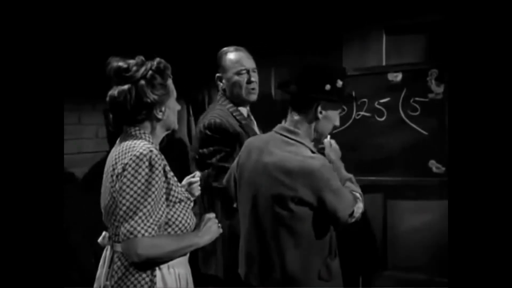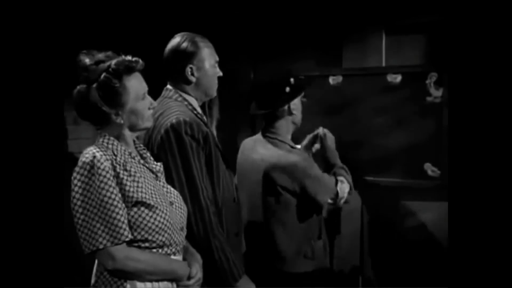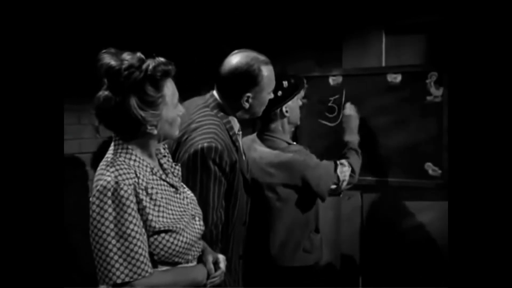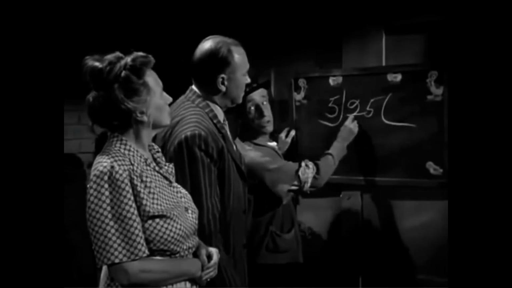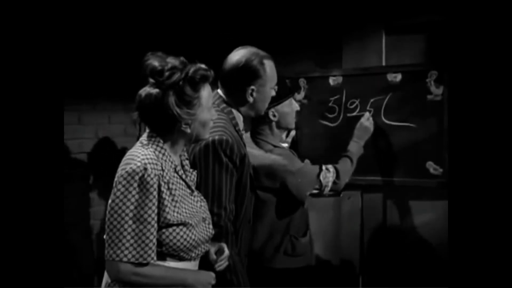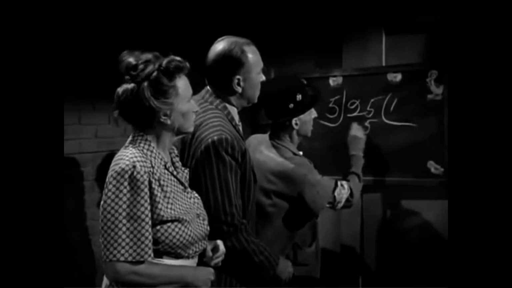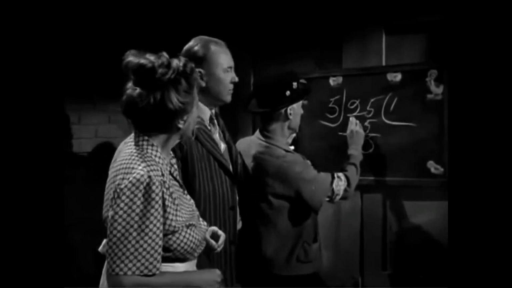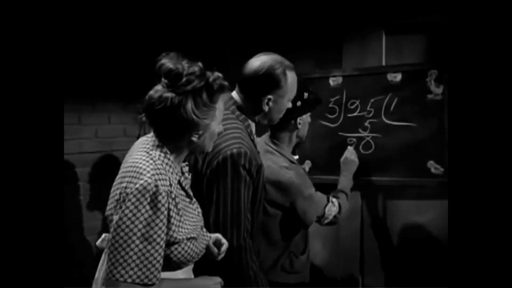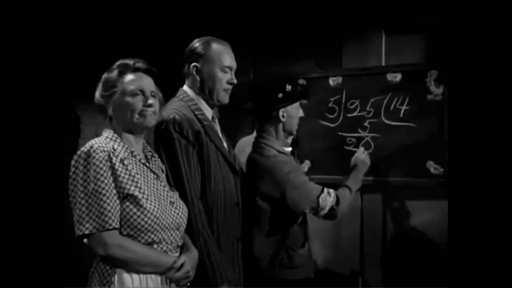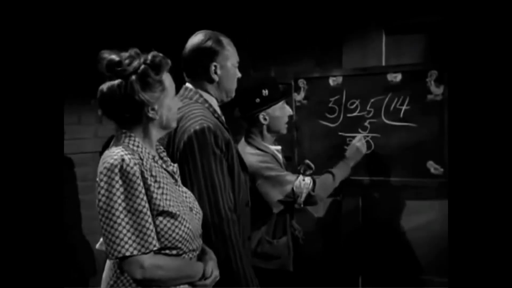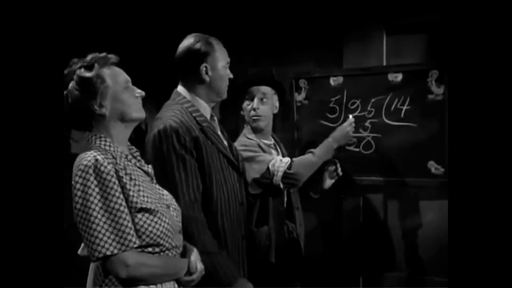No, you're wrong, Billy. Now, I'm a pretty good mathematician. Now, 5 into 25, 5 won't go into 2, will it? No. But 5 goes into 5 once. Now, we didn't use the 2 before, so we bring it down here. Now, 5 into 20 goes 4 times. There you are. 5 into 25, 14.